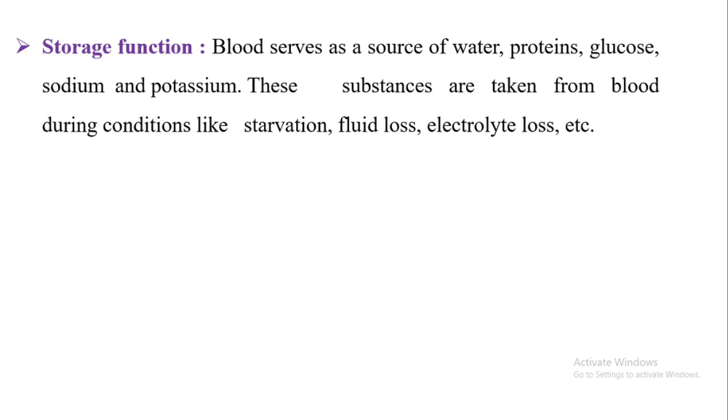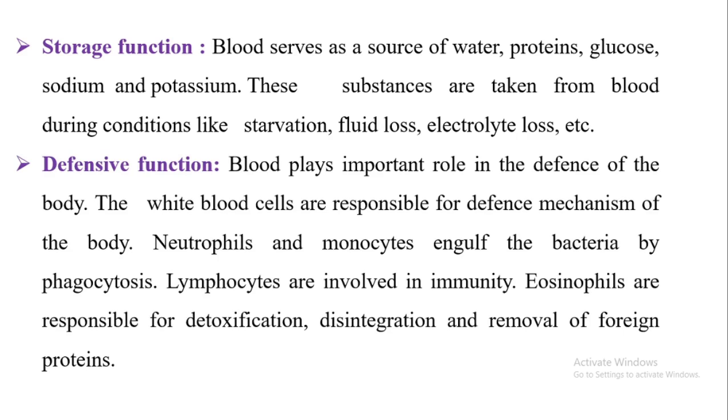Then storage function. Blood serves as a storage source of water, proteins, glucose, sodium and potassium ions. These substances are taken from blood during conditions like starvation, fluid loss, electrolyte loss, etc. Also, blood plays a defensive function, an important role in defense of the body.